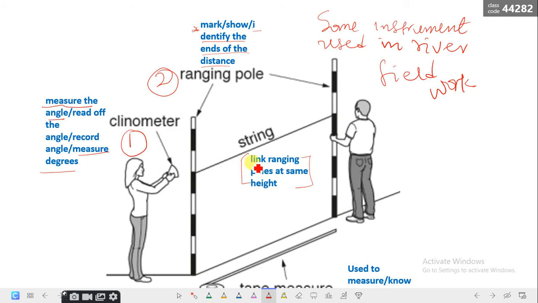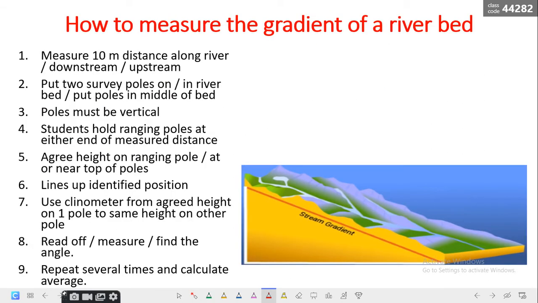So when you use your clinometer to measure an angle, you'll be able to measure from two specific points on the ranging poles. Lastly, we have a tape measure, and the tape measure is used to measure distance. That's just it.